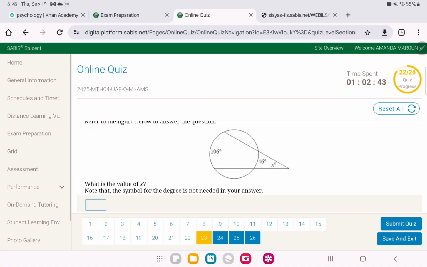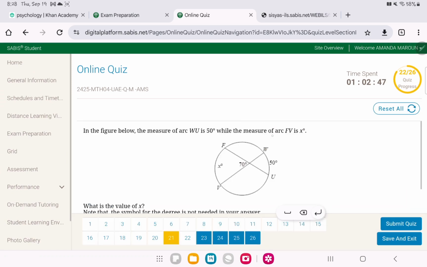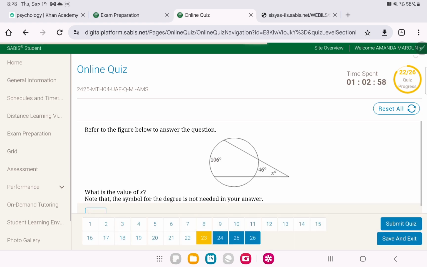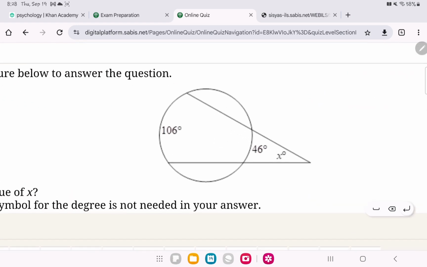Question number 23. This is very, very important, okay? You remembered in question 21, we added this one and this one over 2 to get the interior angle. This was because they are opposite arcs, okay? Now, if they are facing each other arcs, we have a different case, okay?